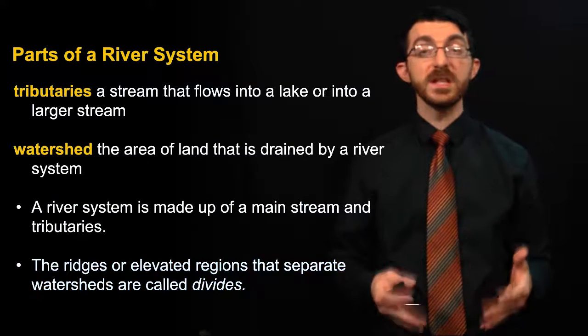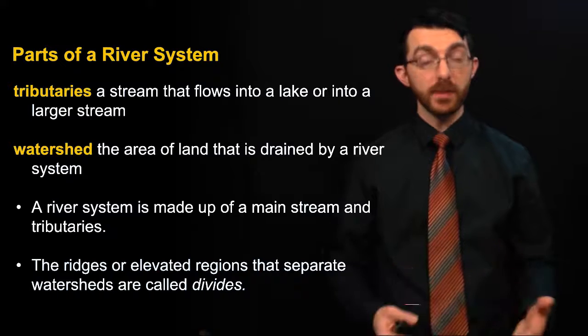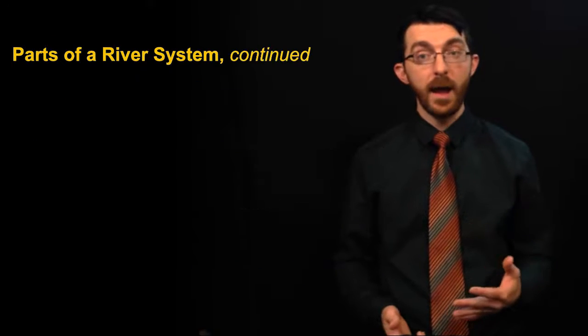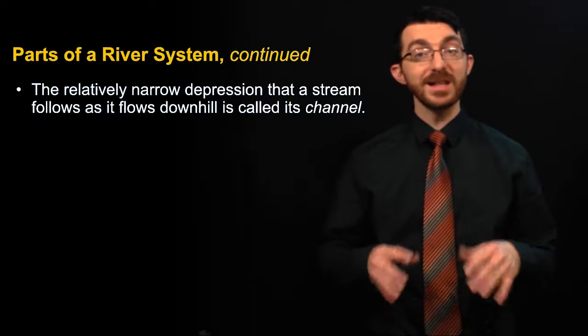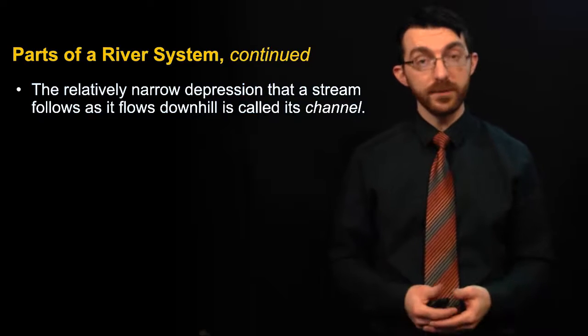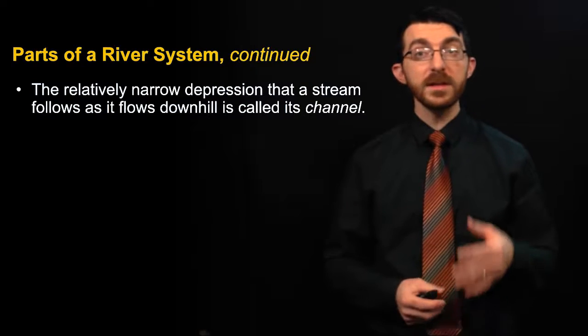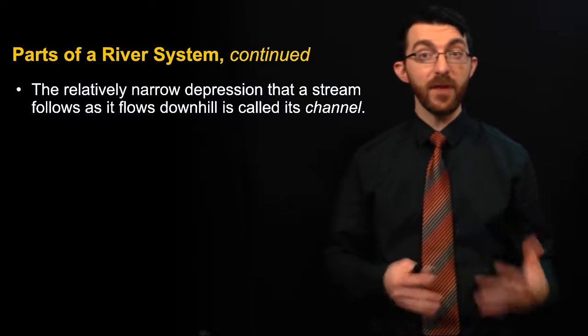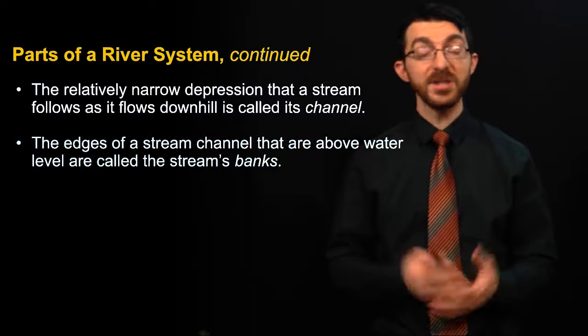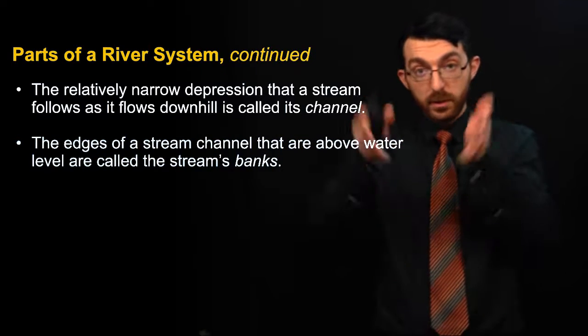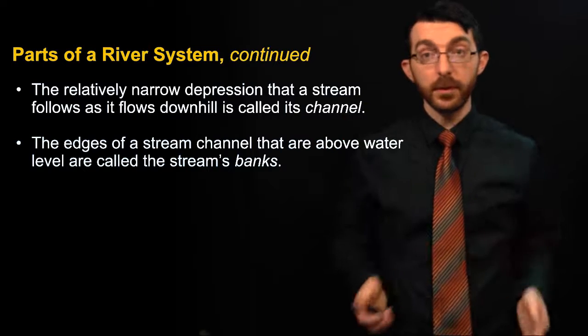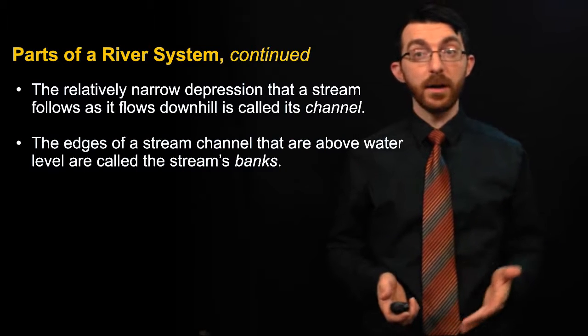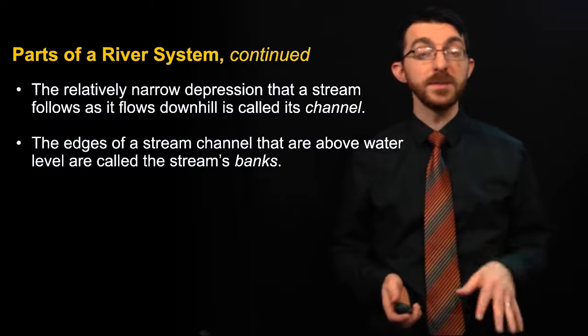Now, a river system is made up of a main stream and tributaries, and the ridges or elevated regions that separate watersheds are called divides. The relatively narrow depression that a stream follows as it flows downhill is called its channel. That's like the actual little dip the river seems to flow through. The edges of a stream channel that are above water level are called the stream's banks.